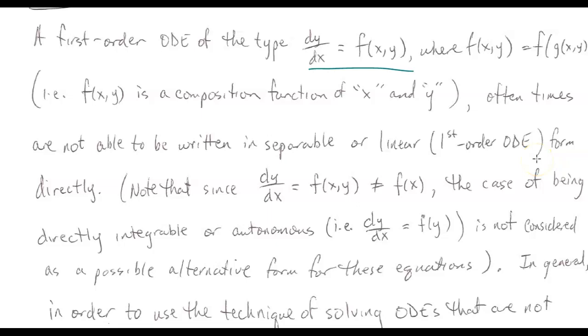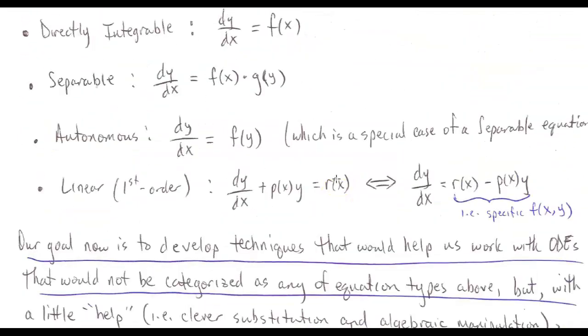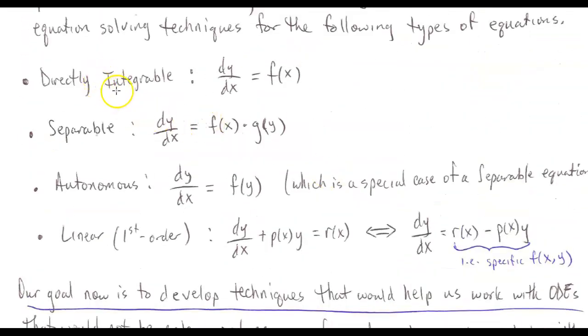order ODE form. Note that since dy over dx is equal to a function composed of both x and y, and not just a function of x, the cases of being directly integrable or autonomous are not possible alternatives for these equations. Notice that directly integrable is just a function of x, and autonomous is just a function of y.